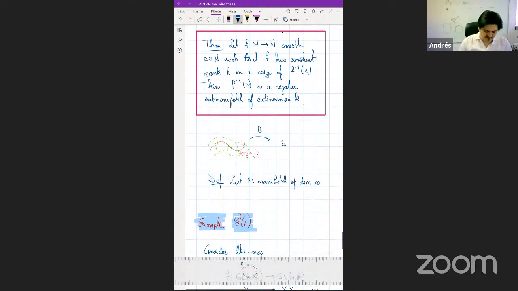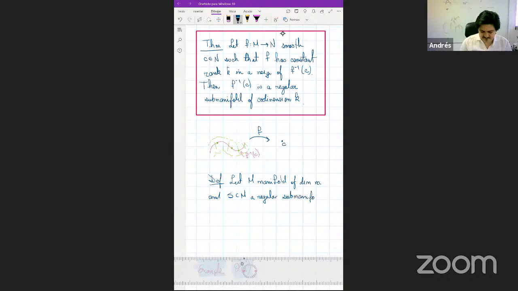You have a manifold M of dimension n and S, a regular submanifold of dimension r.